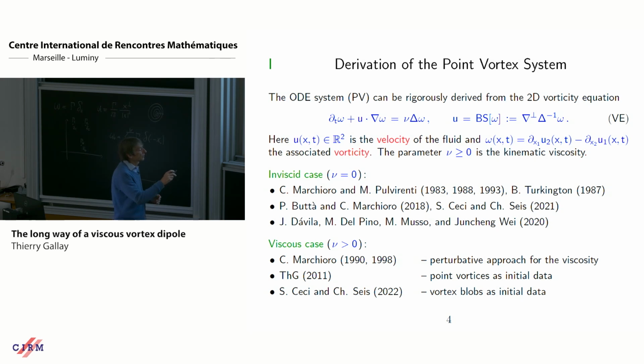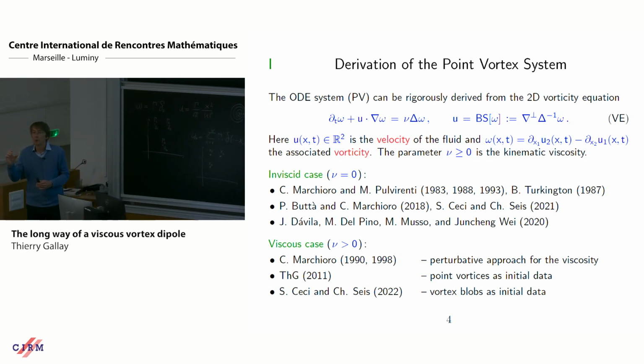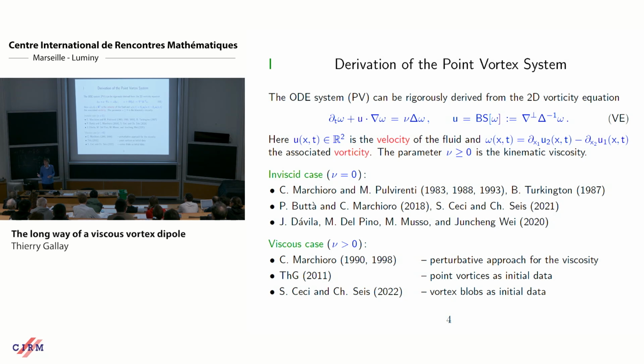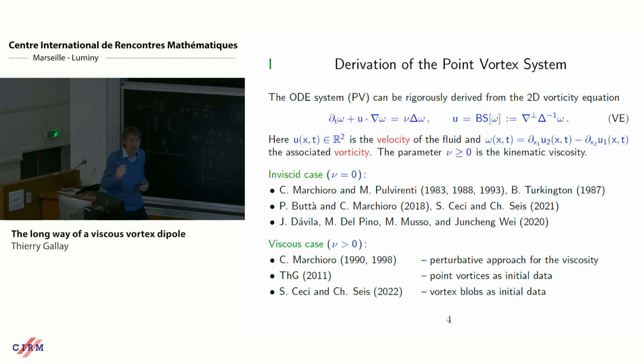If you do that, and this was done by Marchioro and Pulvirenti, also by Turkington in the 80s, you can prove that if you start with a collection of vortex blobs which are epsilon concentrated along some points, and have circulation gamma 1 to gamma n and so on, and if you solve the Euler equation, which then is well defined, the situation remains the same at a later time. You still have vortex blobs which are well identified, but they have moved to leading order according to the solution of the point vortex system. If you start with vortex blobs of size epsilon, maybe you go to 2 epsilon or epsilon, the square root of epsilon or something like that.